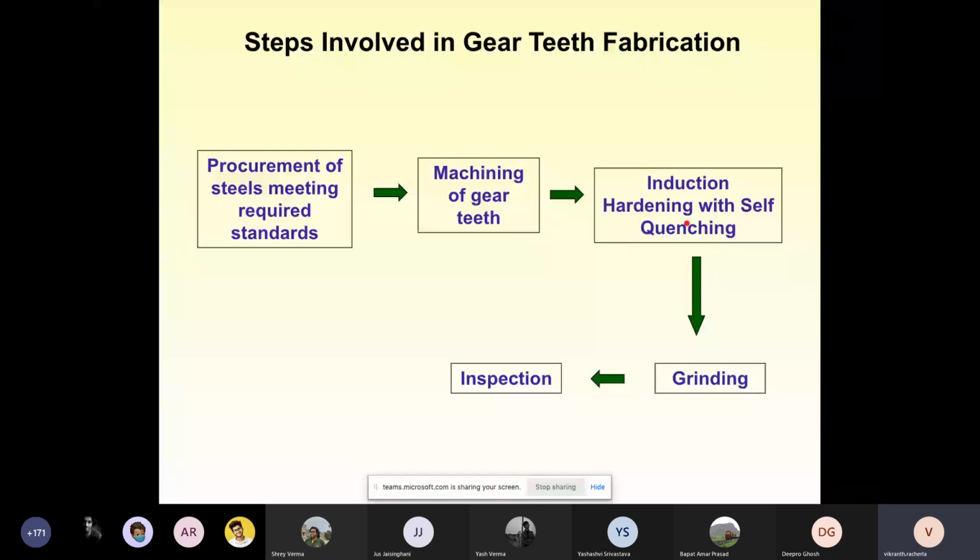If you are doing induction hardening, it can do self quenching. If you are doing furnace based hardening, you take it out and put it in an oil bath in order to harden the material, and after that you do grinding and inspection. So these are the steps involved.